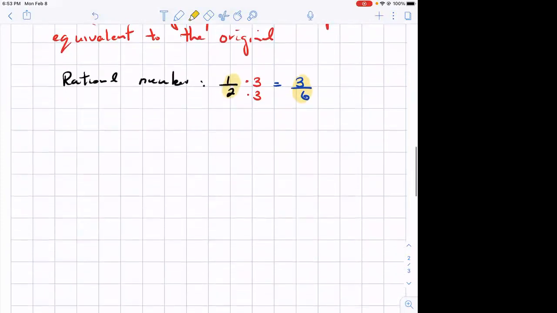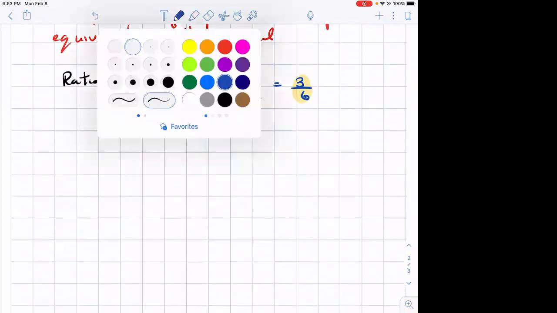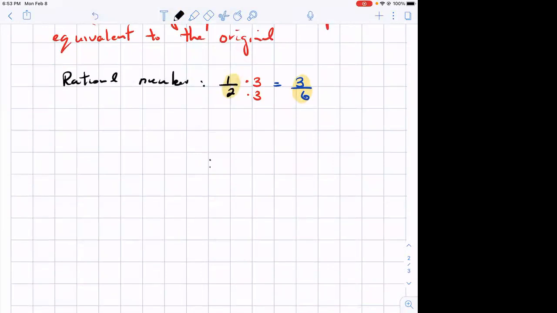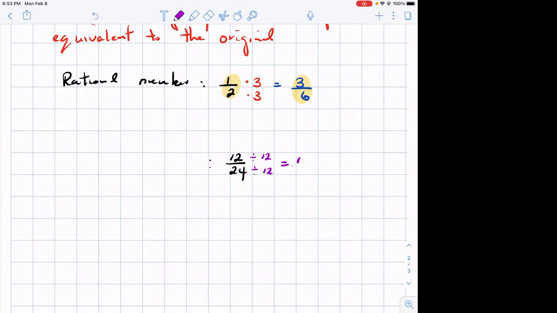We can also think of 12/24. If you divide top and bottom by 12, you will get 1/2. These two things are exactly the same.